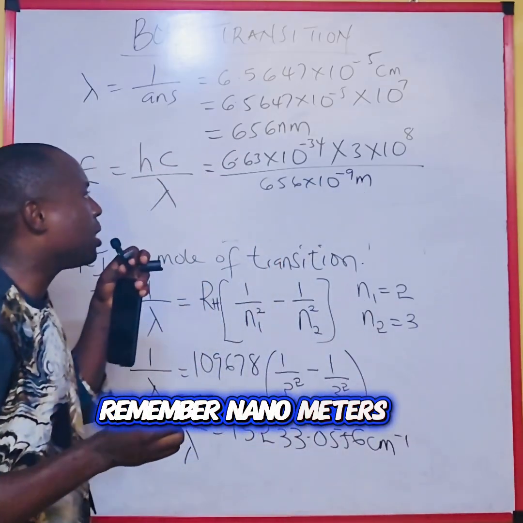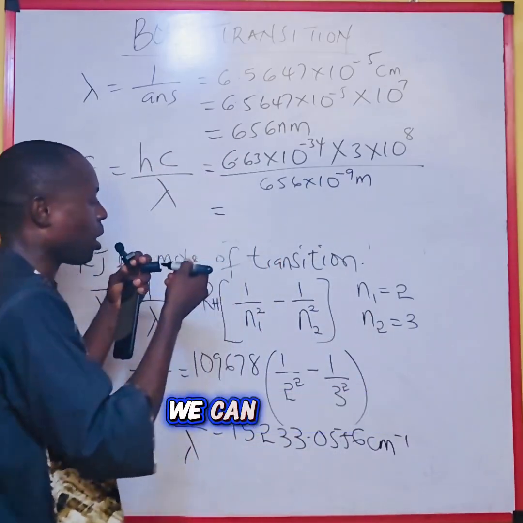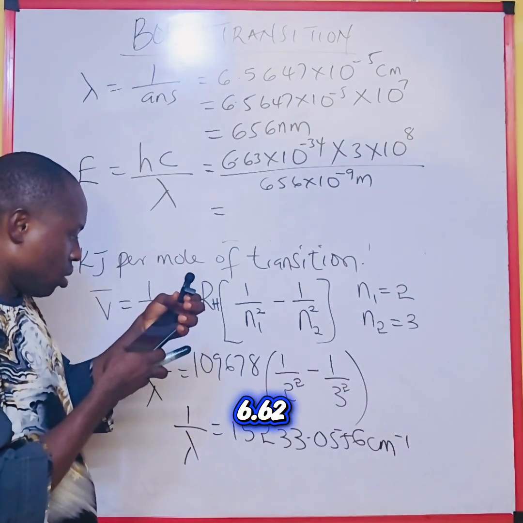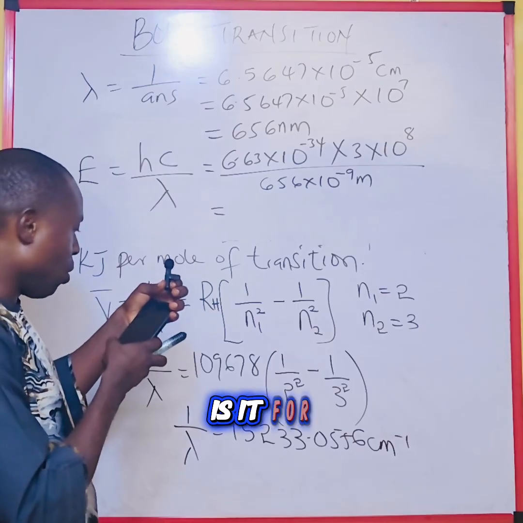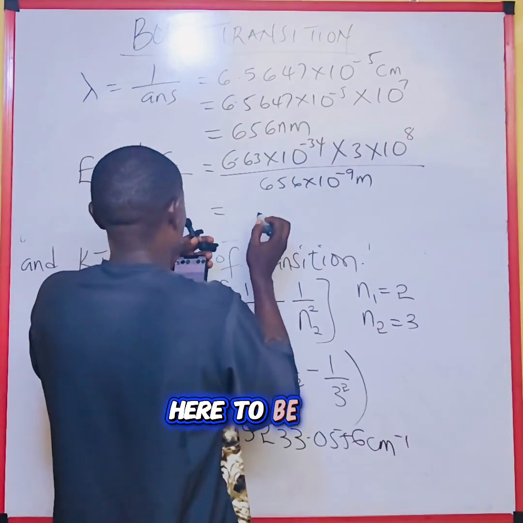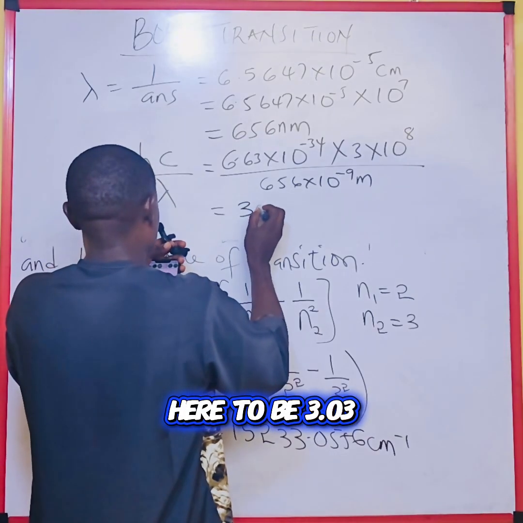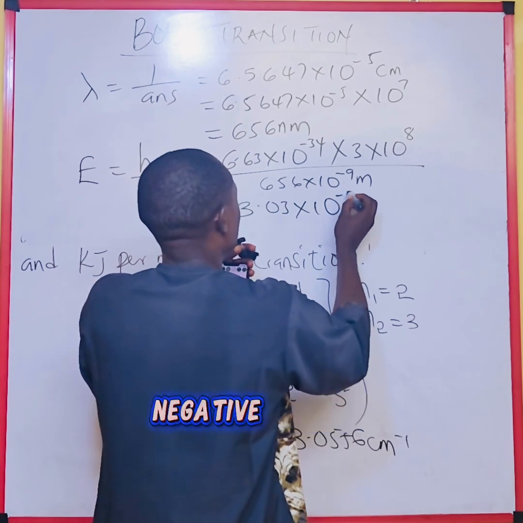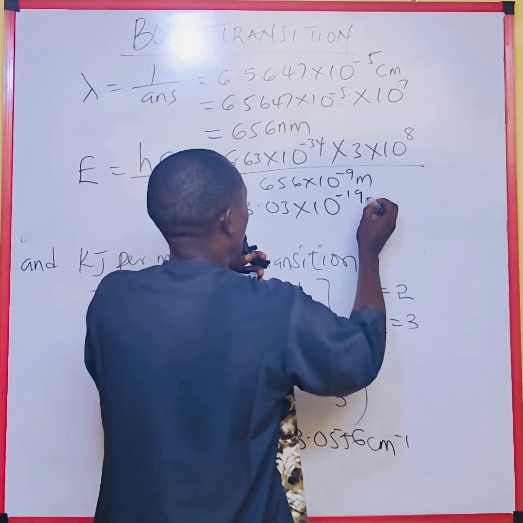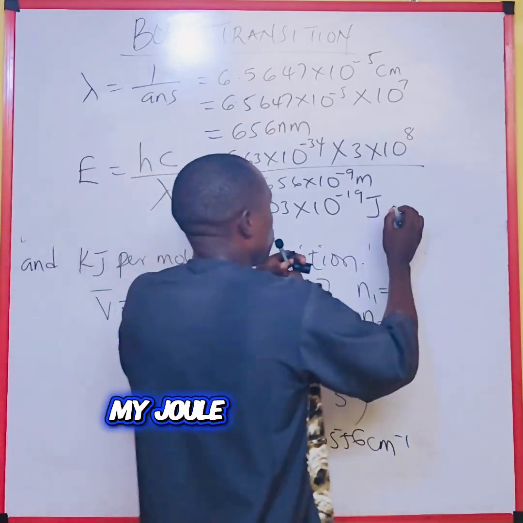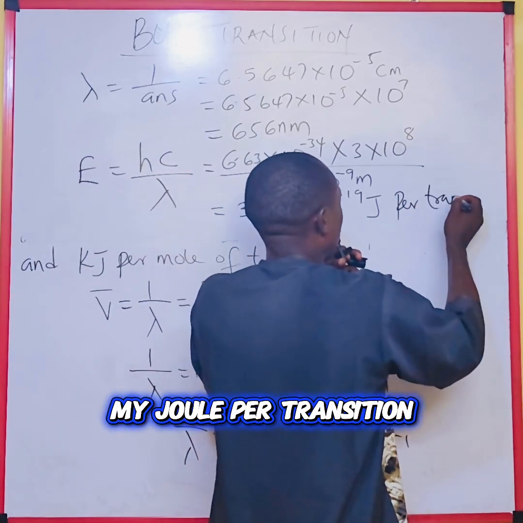Remember, it was nanometers. So I have my value here to be 3.03 times 10 raised to the power of negative 19 joules. So this is my joules per transition.